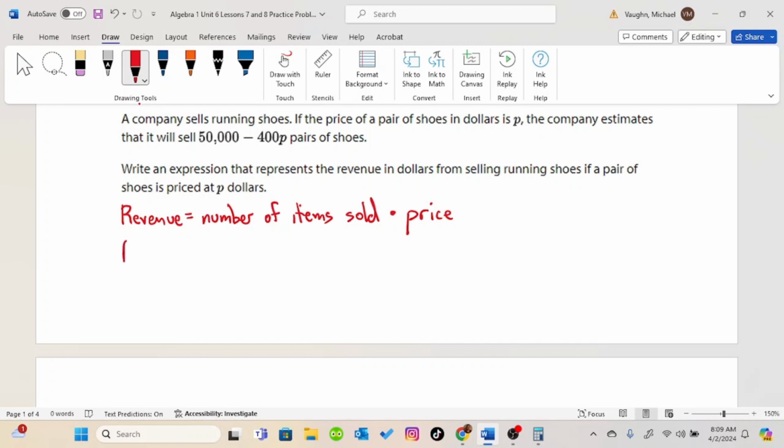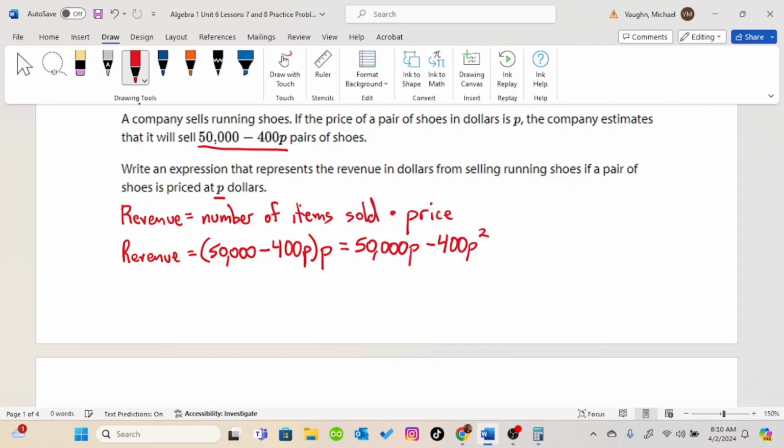So if we want the revenue, and we know that the number of items sold is given by this expression, and we know that the price is p, now we can distribute, and this becomes 50,000p minus 400p squared.